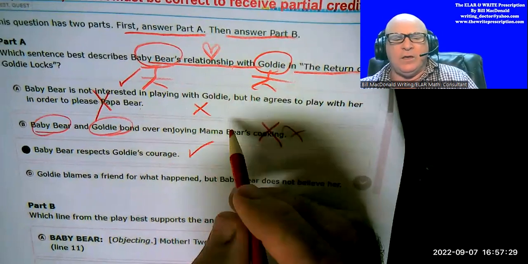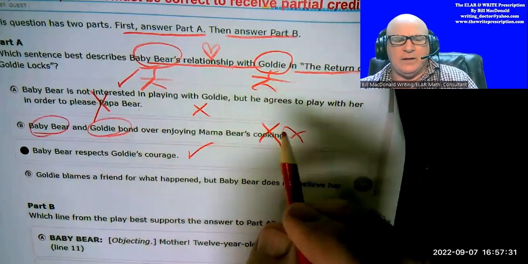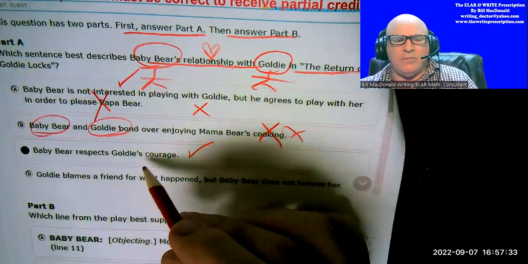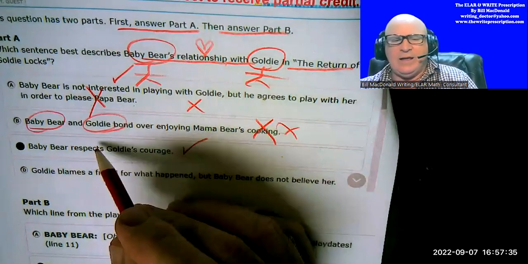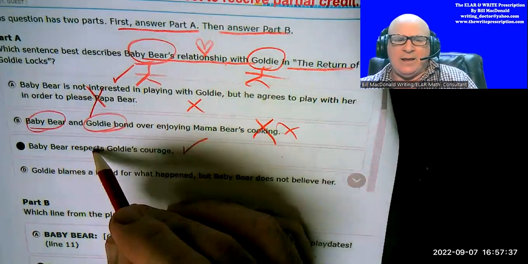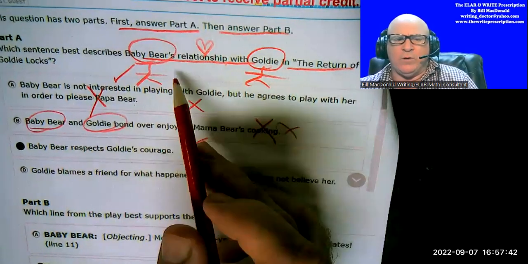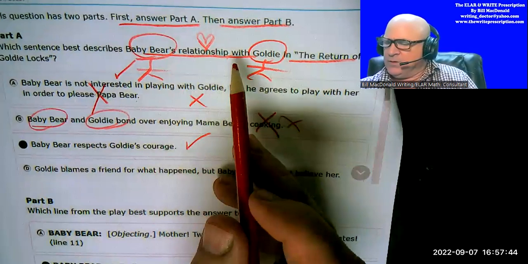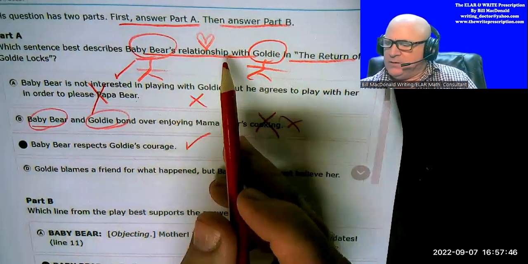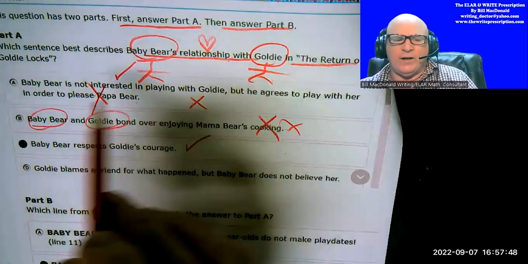He says that he has respect for her and he even admires her. And that's towards the end. And it's okay that it's towards the end because they didn't ask when, they just wanted to know which. So it didn't matter when it took place.